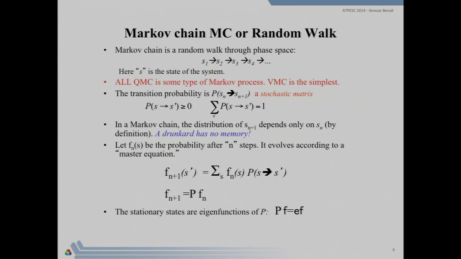So we need to know that after a long time, this is going to evolve according to a master equation for the probability that depends on the transition between n+1 and n, and the step n+1 and the step n. This means that the stationary states are actually eigenstates of the probability, eigenfunctions, sorry, of the probability.